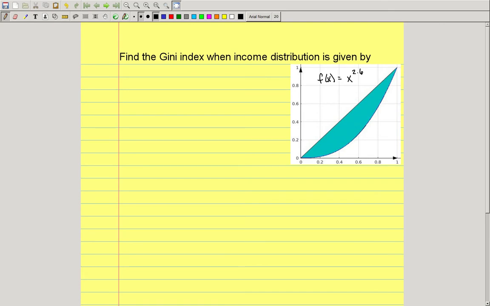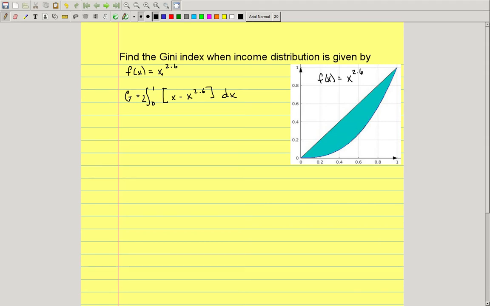So here is our first income distribution curve. We see that f of x is given by x to the 2.6 power, and the Gini index is given to us as the definite integral from 0 to 1 of x minus f of x dx.